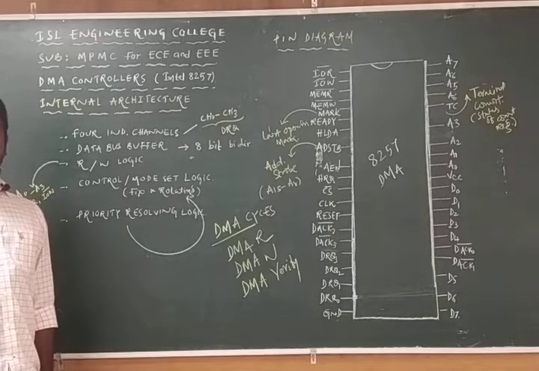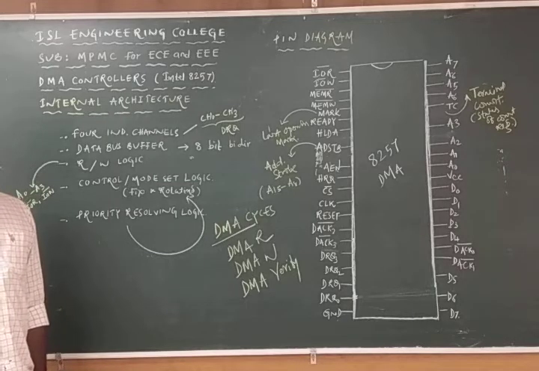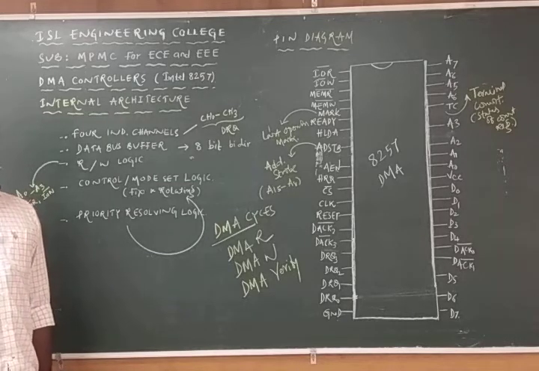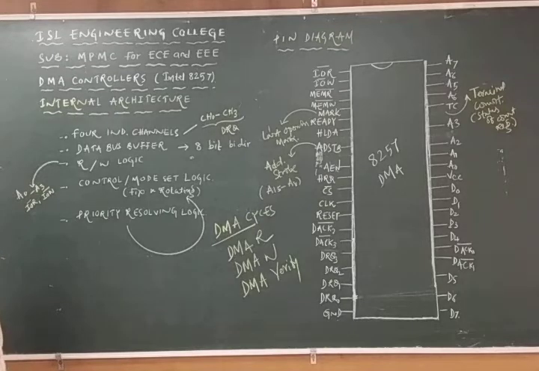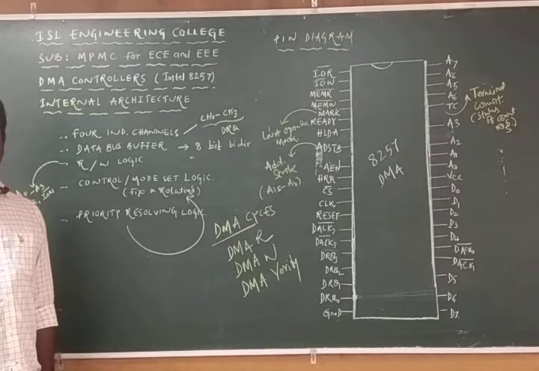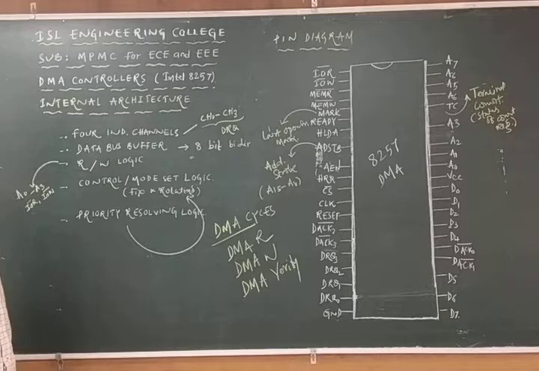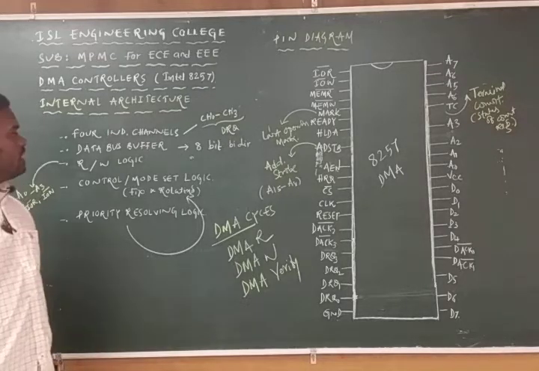The internal architecture of the 8257, that is a DMA controller, has 5 parts. The first is 4 individual channels.